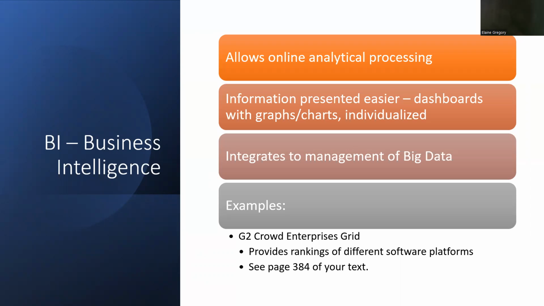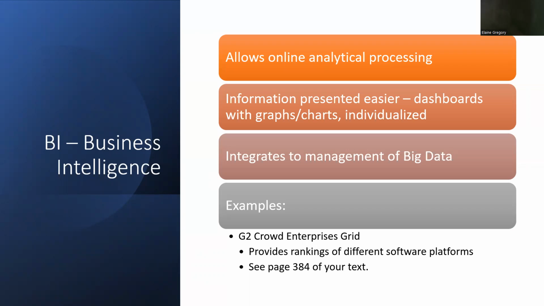So if I were the CFO, I would open my computer up and maybe it would tell me invoices ready to pay that was pulling from the accounts payable system, anticipated cash receipts, maybe the sales of the day before. All of that would appear on my dashboard in some form of chart or graphic, and I can individualize it for myself. And then BI is being integrated now into big data management.